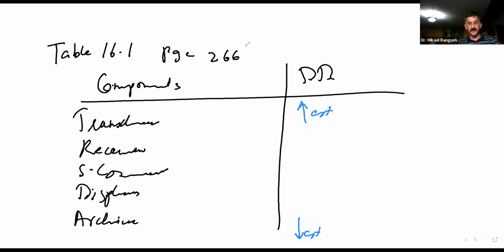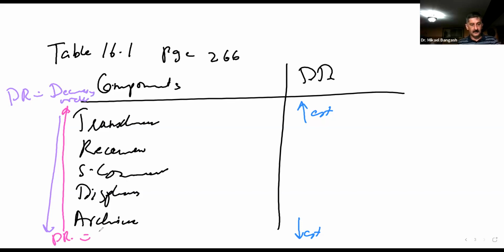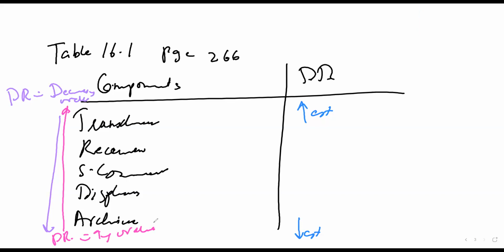That as you go in this direction, your dynamic range is in decreasing order. Whereas if we had gone in the opposite direction, it would have been your dynamic range in increasing order, right? Is that clear?